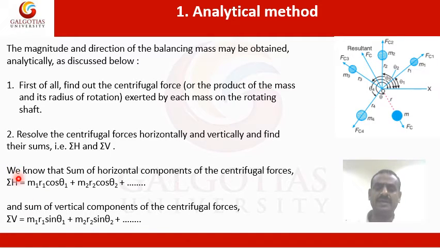Then we are summing up the horizontal components of all forces, that is sigma H equal to m1 r1 cos theta 1 plus m2 r2 cos theta 2, and the sum of vertical components of the centrifugal force, sigma V equal to m1 r1 sin theta 1 plus m2 r2 sin theta 2. Similarly for the other masses also we have to add the vertical component.